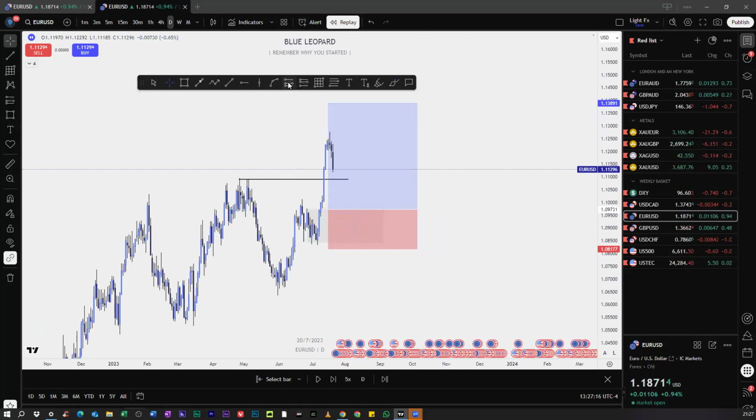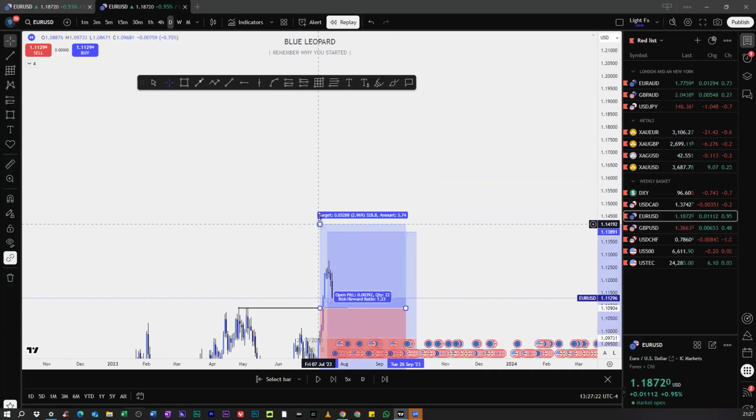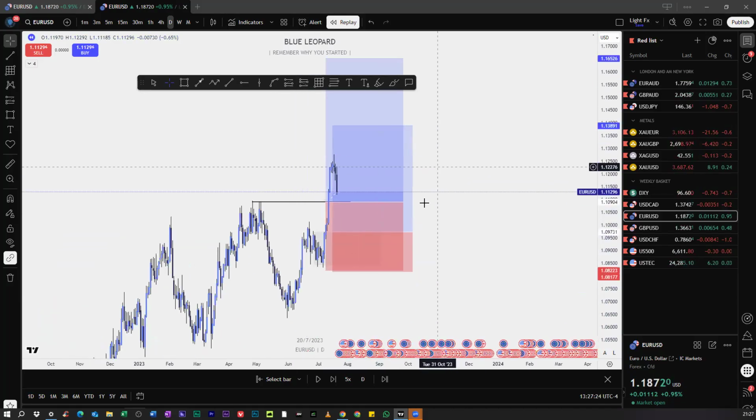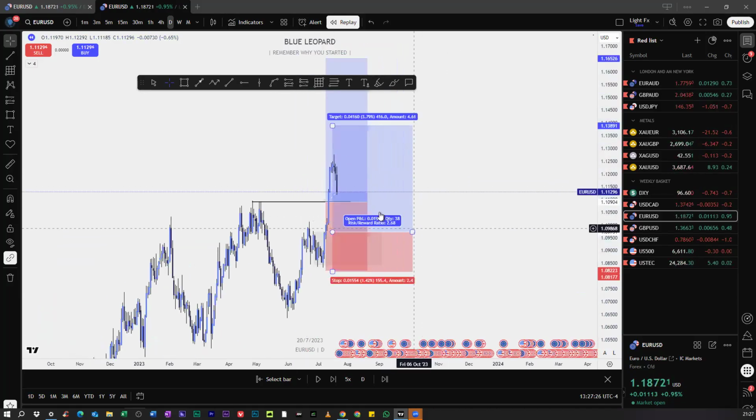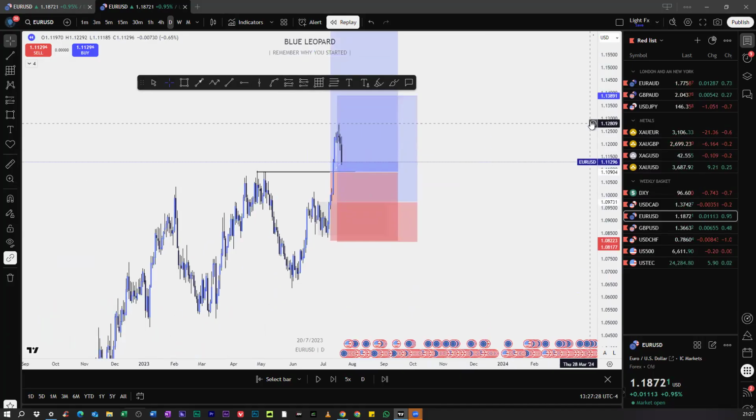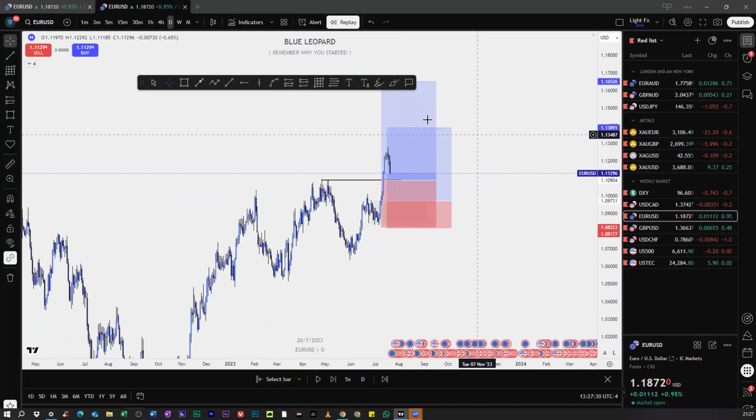The other trader is an active trader. He took the trade here, put the stop loss here, and targeted 2R. Are they right or wrong? We don't know. Only price will tell us. But look, they have been induced to buy. This is what we call inducement. It pushed them to buy.